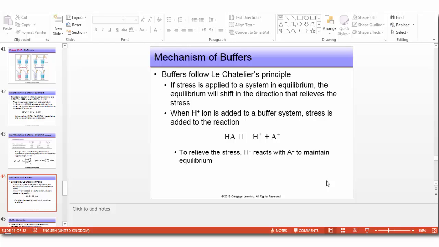Now, in our case, when H plus ion is added to the buffer, stress is added to this reaction. So to relieve the stress, this H plus will react with A minus to maintain equilibrium. The added H plus is being consumed by the conjugate base.